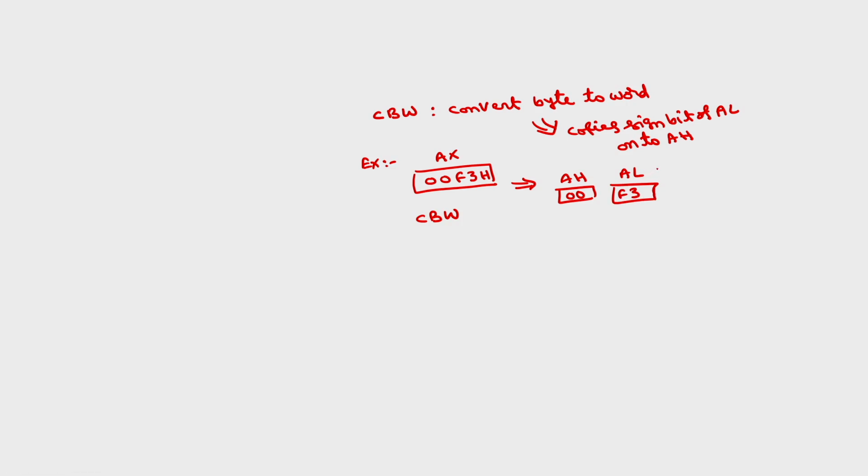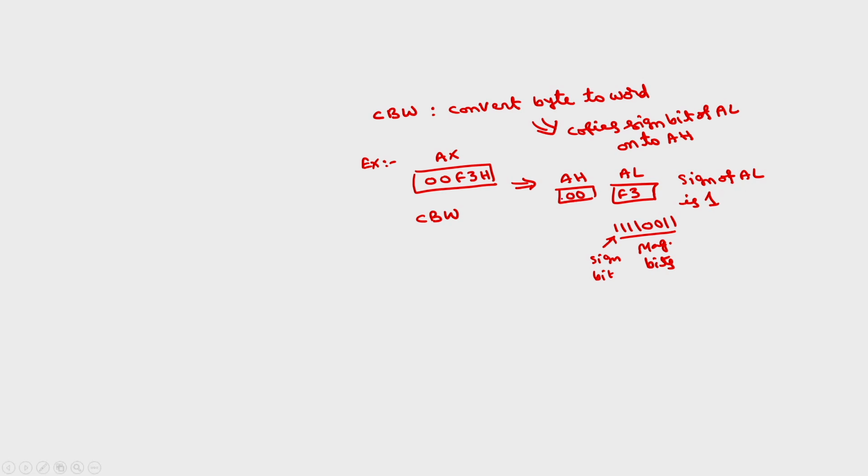What is the sign bit of AL? It is 1, because F3 means 1 1 1 1 0 0 1 1. In this, these 7 are magnitude bits and this is the sign bit, in signed magnitude representation, or the magnitude bits in signed 2's complement. So this sign of AL will be copied onto AH.